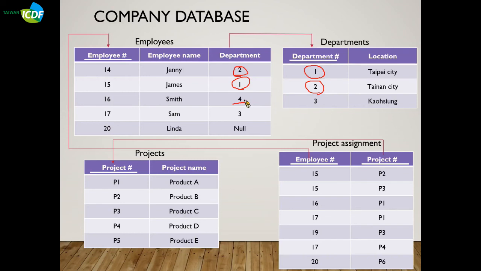In addition, it is worth noticing that null values appear in the foreign key, which means this employee does not belong to a specific department.